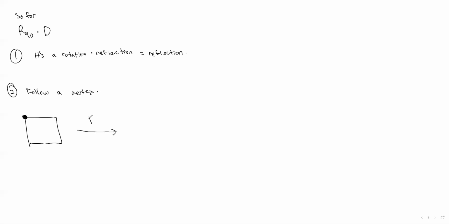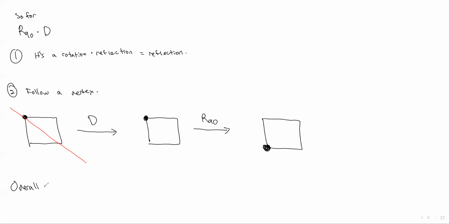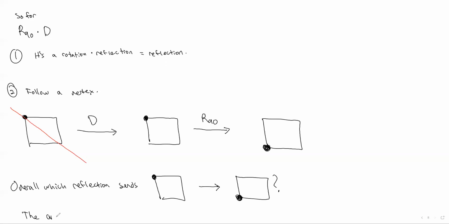So if I apply D, it doesn't move. So it's a convenient vertex to pick. Now if I apply R90, it goes here. So overall, which reflection sends this vertex that I picked here? The answer is H.